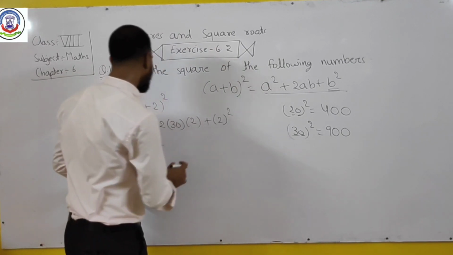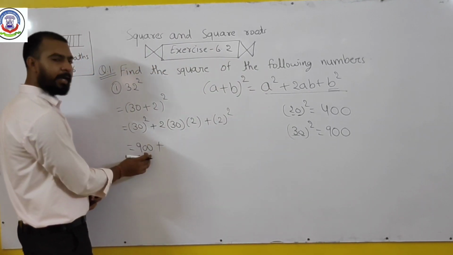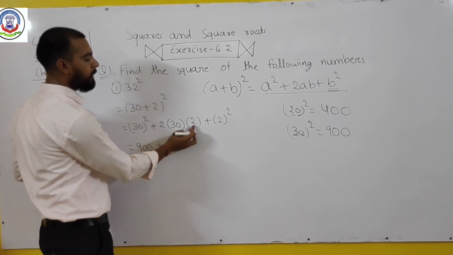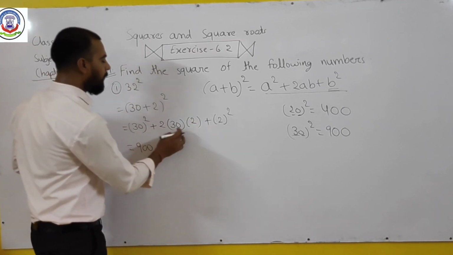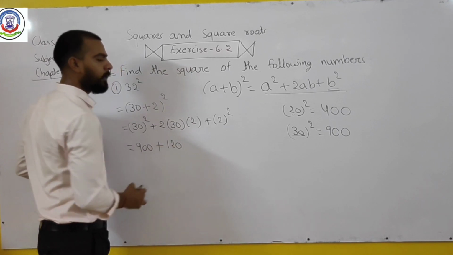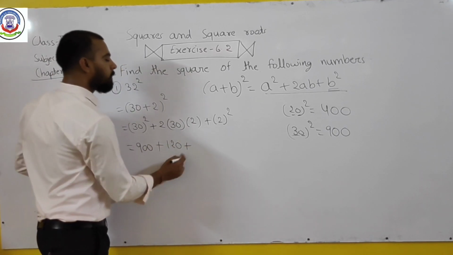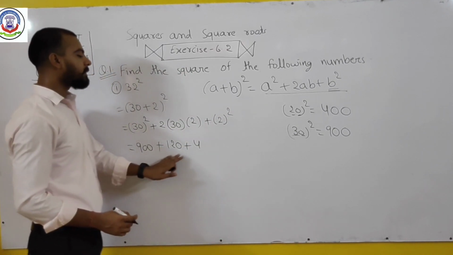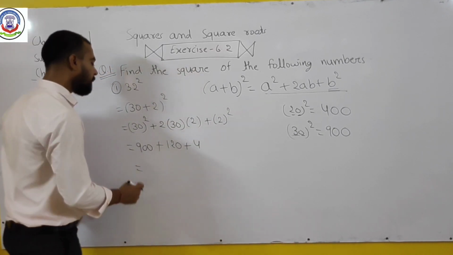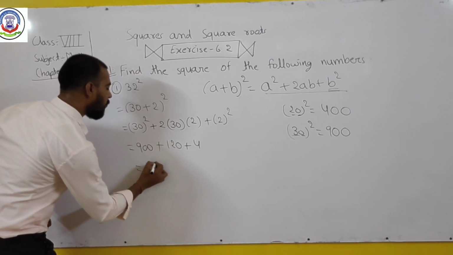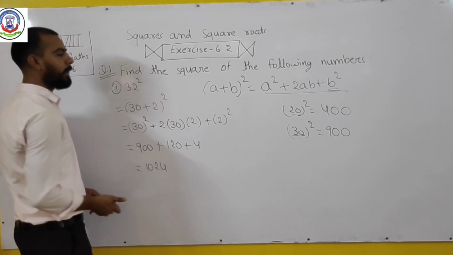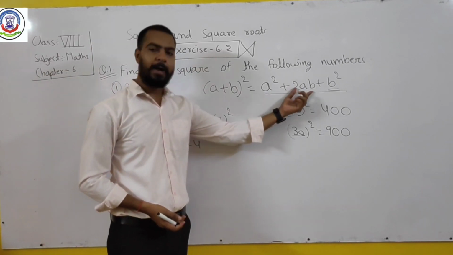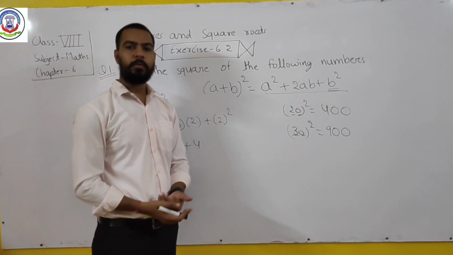In the same way, 30 square is 900, and multiply these numbers, 2 multiply 30 multiply 2, and this will be 120. Then the square of 2 will be 4. Now add these three numbers and the answer will be 1024. With the help of this formula we can find the square of any number.